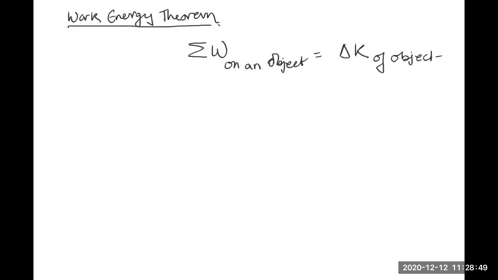Okay. So the work energy theorem tells us that the summation of work done on an object is equal to the change in kinetic energy of the object. Right? अब ये आ कहाँ से रहा है? इसका मैं डेरिवेशन दिखा देता हूँ.